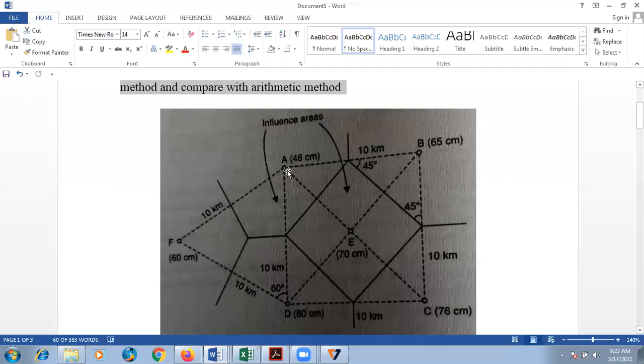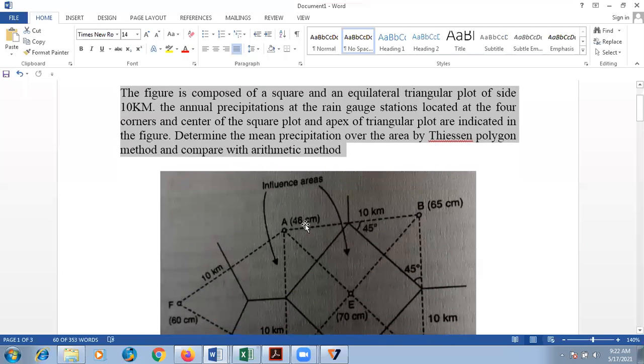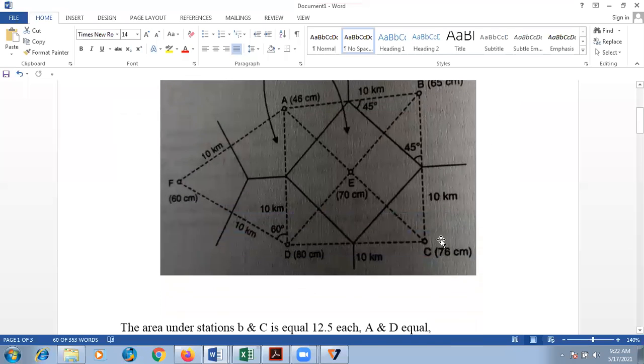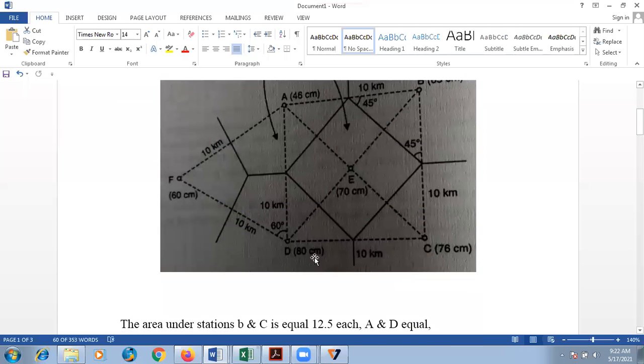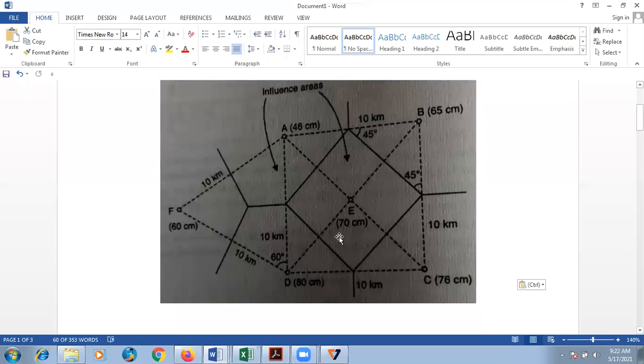The rain gauge stations are at locations A, B, C, D, at the center E, and at the apex of the triangle F. The values suggested in brackets are 46 centimeter, 65, 76. Likewise, for each of those cases, the rainfall values are indicated. Using this, we have to determine mean precipitation by the Thiessen polygon method.